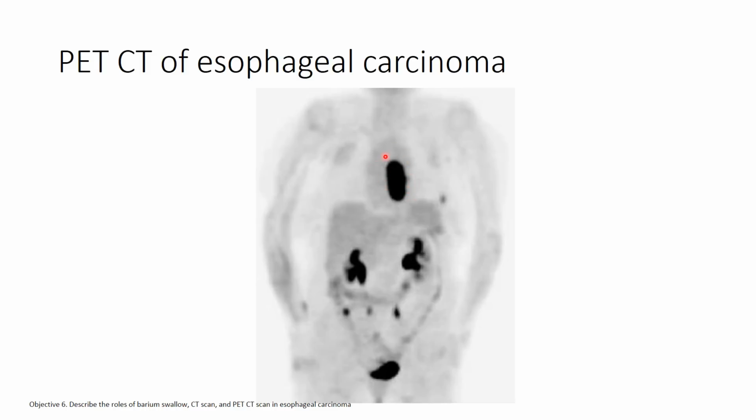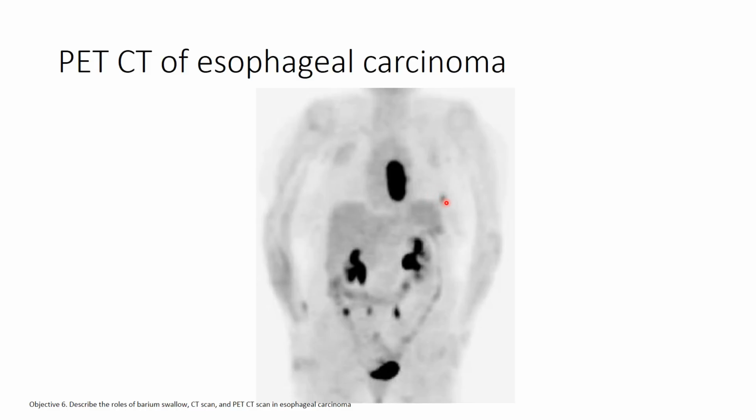Now those aren't usually well seen on the coronal image. Those are better seen on transverse images. This is just normal activity within the kidneys, because the kidneys excrete our radiotracer. This is normal activity within the bowel. This little area here is probably a healing rib fracture.